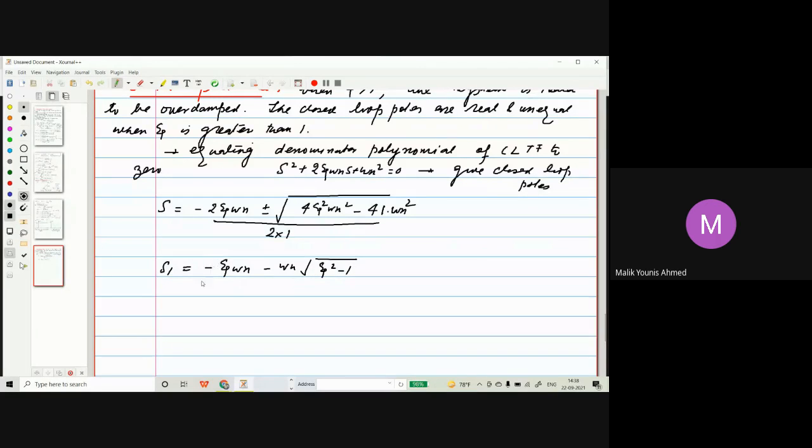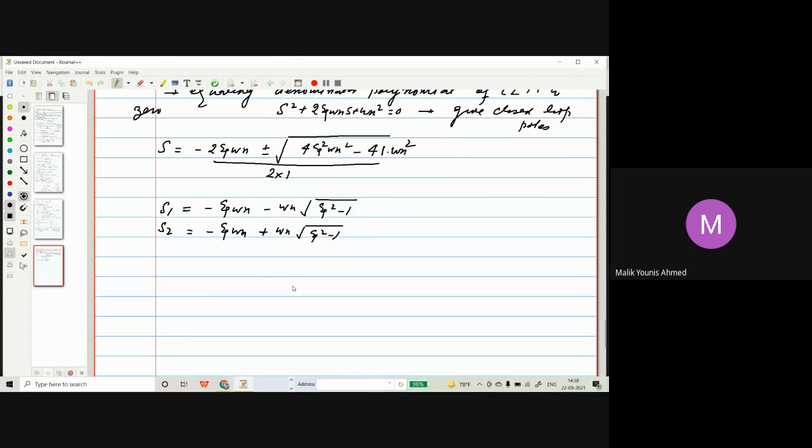And the second we can get in a similar way as minus xi omega n, the minus will be plus now, omega n under root of xi square minus 1. Okay, these are the two roots.